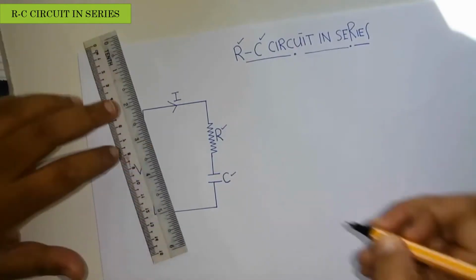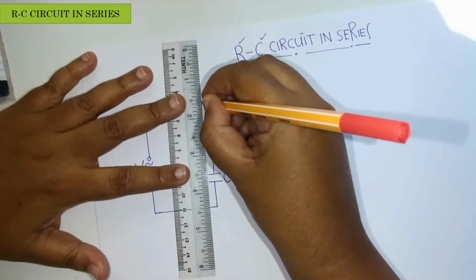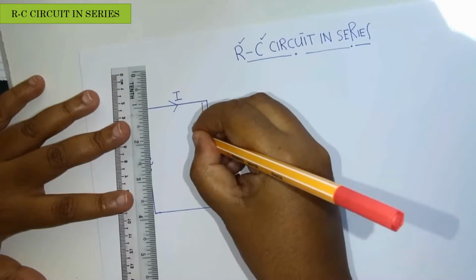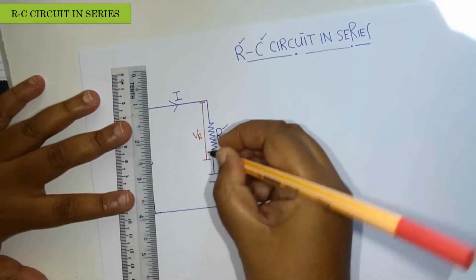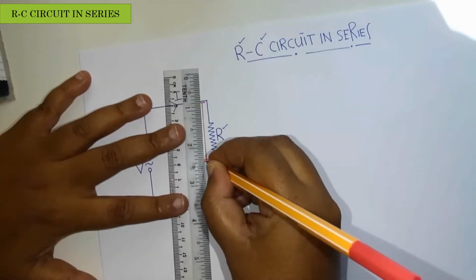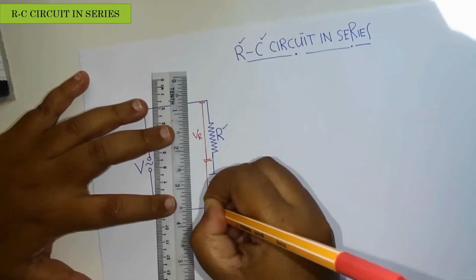So we know that the voltage from here to here is VR, and from here to here is VC.